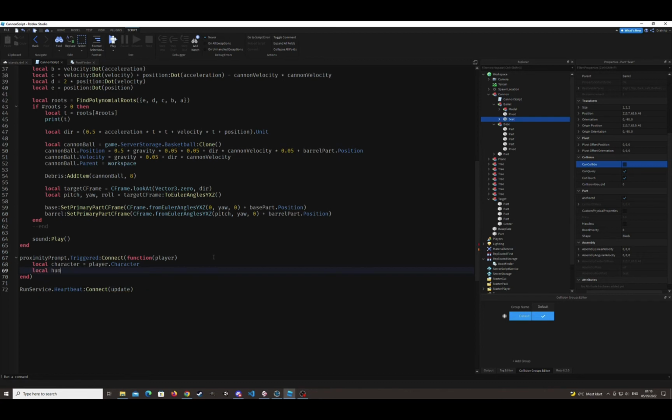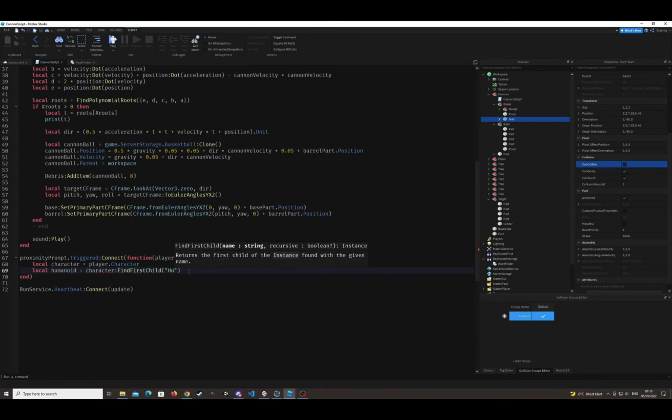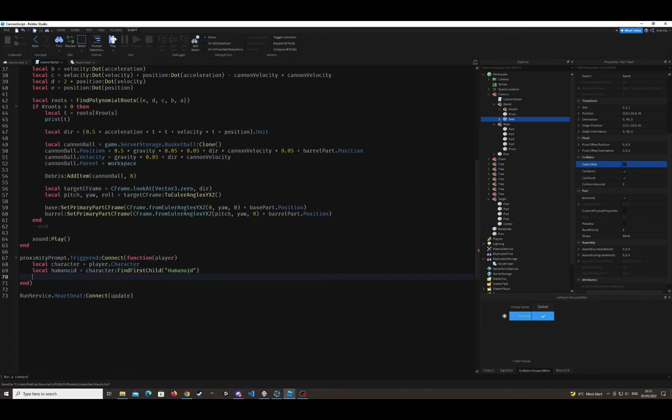So local humanoid equals character:FindFirstChild("Humanoid"). And I guess the HumanoidRootPart as well.